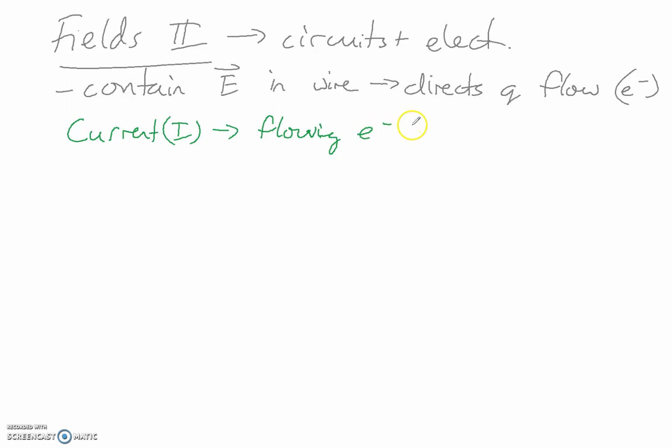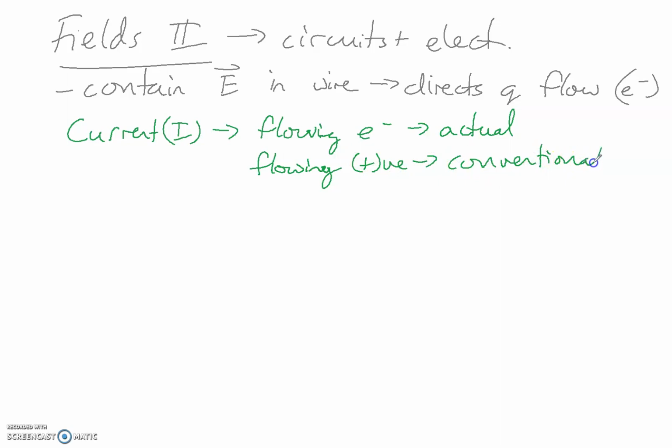If you remember from grade 9, there are two typical types of current. The flowing electrons is what's often referred to as actual current, but there's another idea of flowing positives, and this is called conventional current. I guess when they started doing this way back when, they thought it was positives going from one place to another, and then they eventually found out it was negatives going the other way.